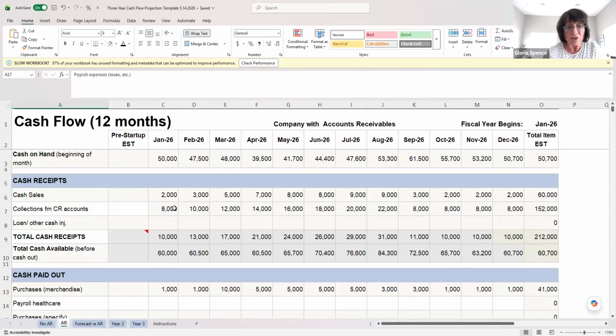Now, the trick about this AR collections line here is, as David was mentioning, you have to predict when your clients are going to pay you. If they're not going to pay you at the exact moment of service, then you have to project when they're going to pay you. So that's the key here, is projecting when they are going to pay you.